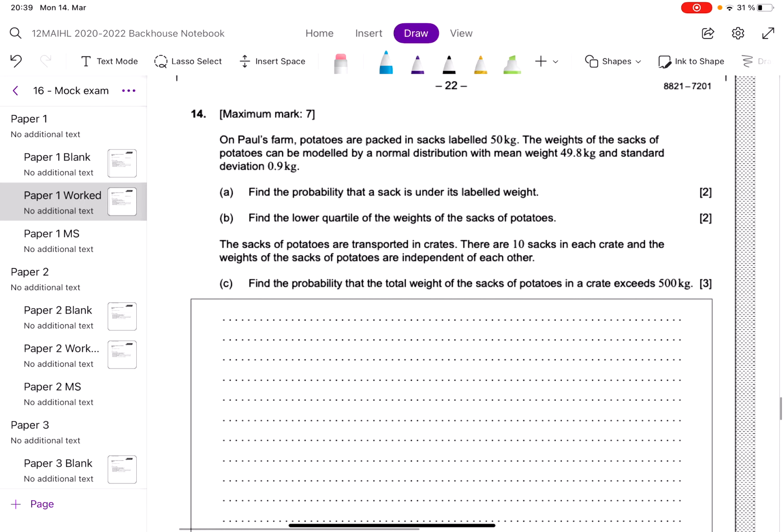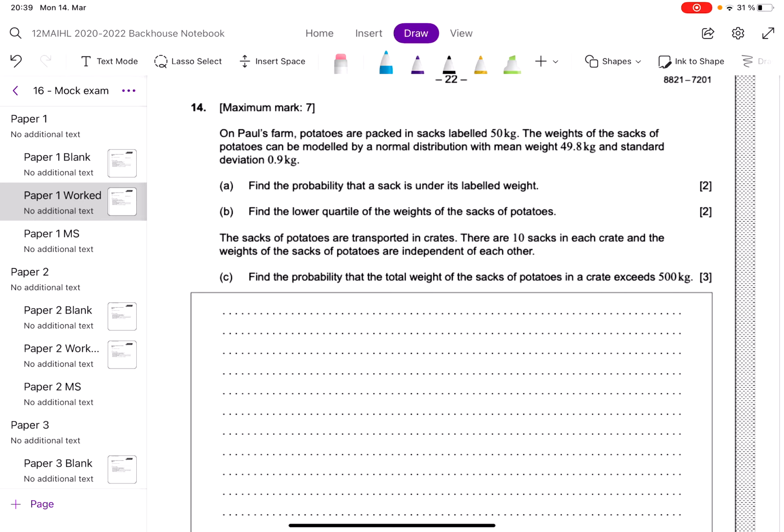Question 14. Okay, I've written notation here. So this was a normal distribution question. Some people did quite a nice job of saying, I'm going to let x equal the weight of a sack, and then saying that x is approximated by a normal distribution with a mean weight of 49.8 and a standard deviation 0.9.